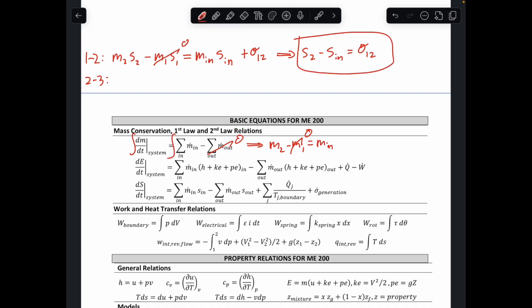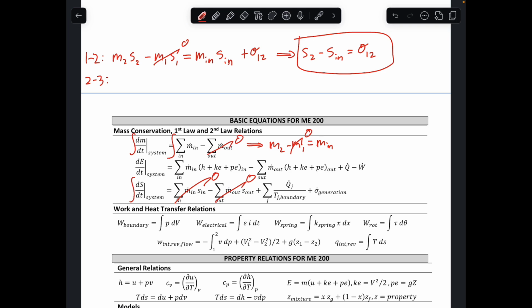And so from 2 to 3, instead, we don't have any mass coming in now because the tank is already filled and the valve is closed. Again, we don't have any mass coming out, but now we do have to worry about this heat transfer term. So we are going to write this out.